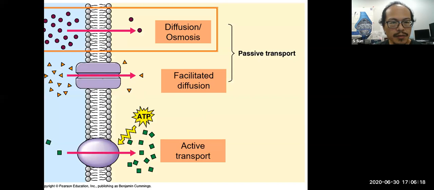So here, say this one is without any protein, stuff can diffuse across. Only four groups of substances can diffuse. Gases, okay, O2 and CO2, they are very important. These are lipid soluble.